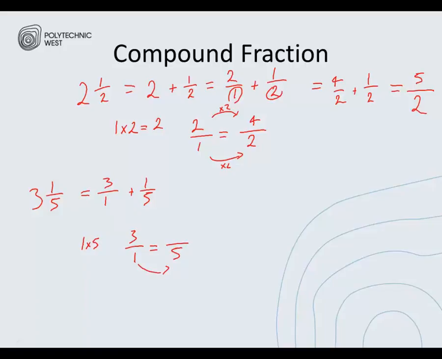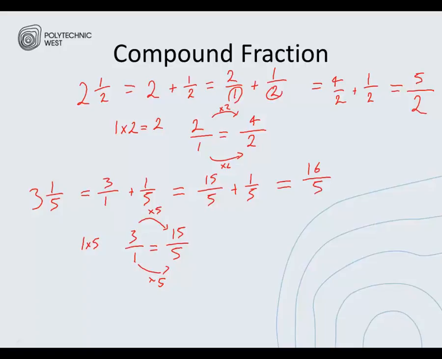To go from there to there, I multiply by 5. 3 fives are 15. So I can write that in. 3 over 1 is actually 15 over 5. And of course I've got the 1 over 5. Add those two together because the bottoms are the same. I can add the tops. 16 over 5.